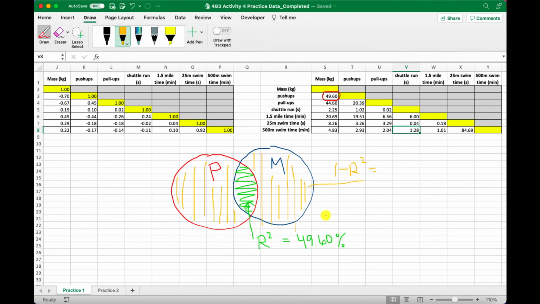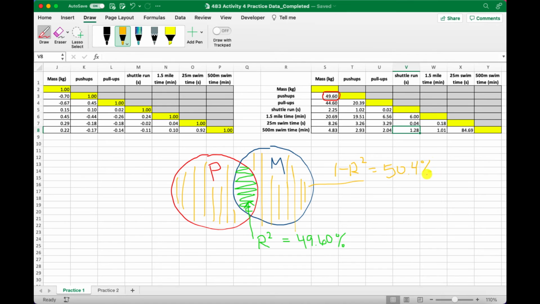So if we did 100 minus 49.6, I'm doing it on my calculator, we would get 50.4%.